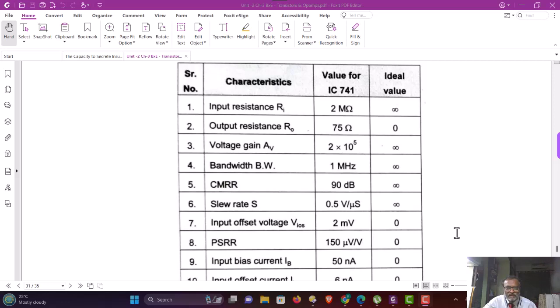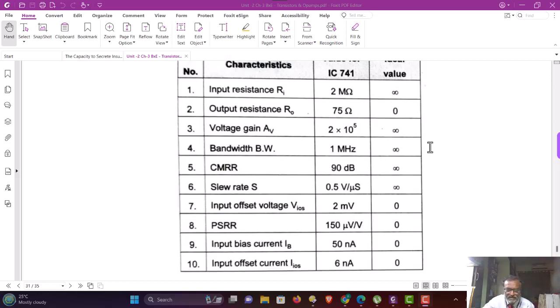So if we compare the practical values and ideal values, the practical op-amp characteristics are approaching the ideal values. The closer the characteristics of a practical op-amp are to the ideal op-amp, the better the quality of the operational amplifier.